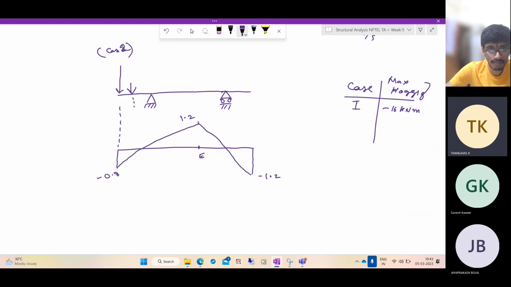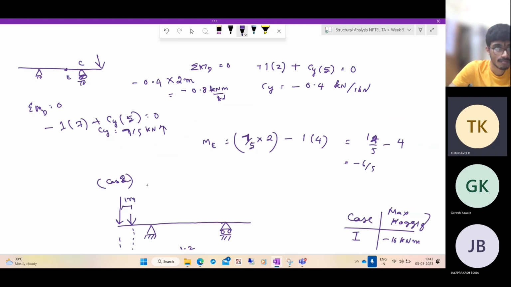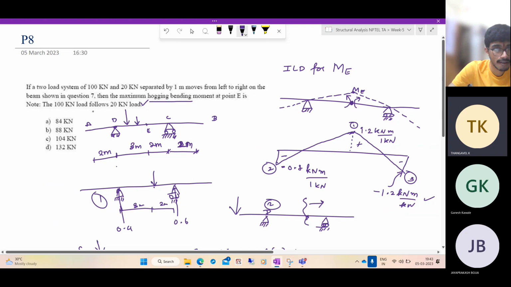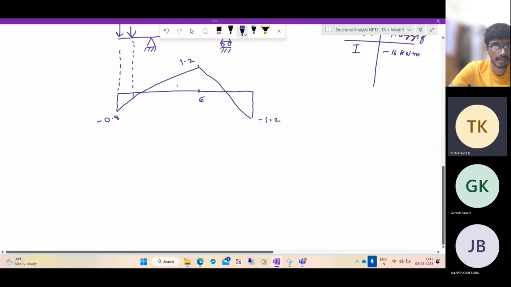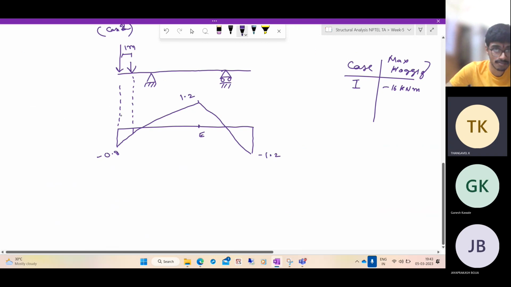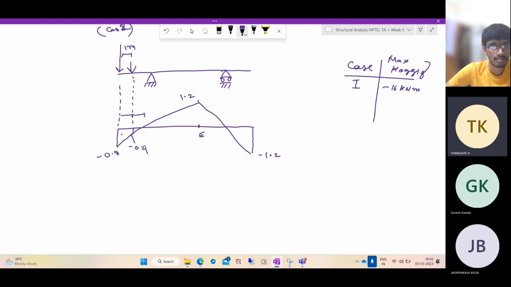In this case, how much is the value here? They are separated by 1 meter, so this is 2 meters, 1 meter and 1 meter. So here the value will be minus 0.4. Now what is the value here?